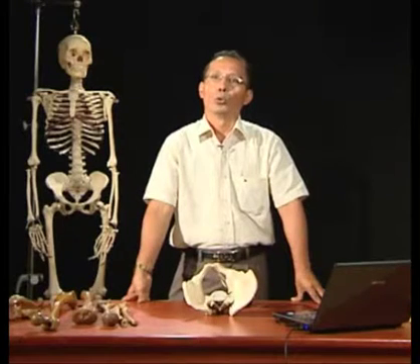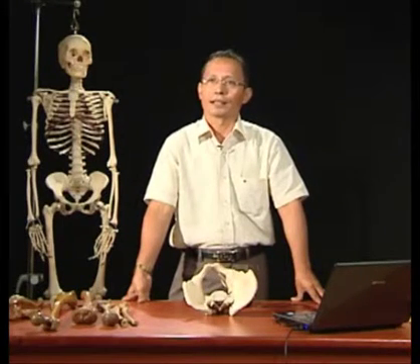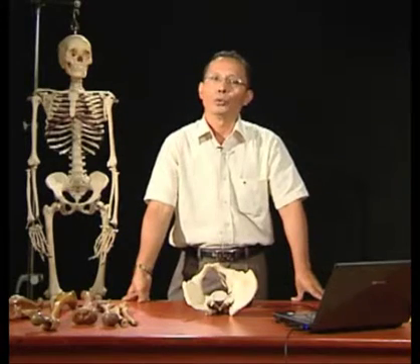In short, we are drawing and describing bones just to identify which bone it is, which part of the skeleton it belongs to, and which particular site it is for. So we have to draw and describe bone.